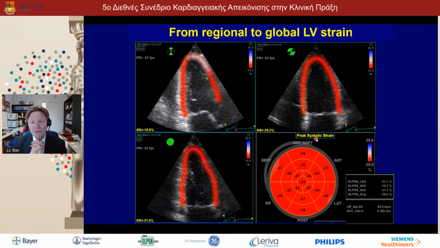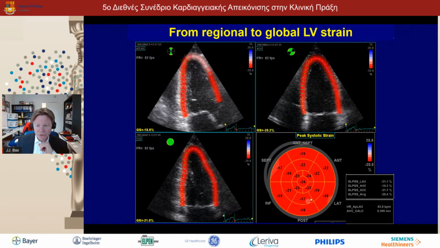How do we get to that global strain? Well, the software of both Philips and GE come to that in a different way, but the one from GE is the easiest to use like this. You have a 2-chamber, a 4-chamber, and a 3 or 5-chamber. And these are acquired with the same probe, with the same heartbeat nowadays.